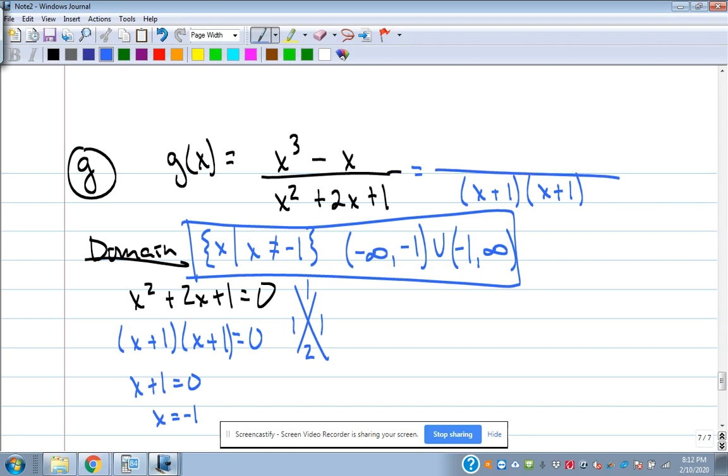Does the numerator factor any? Because it's got more going on in it than the other problems that we did have. So how does that numerator factor? Is there a GCF? It'd be x and x squared minus 1, wouldn't it? But what do we know about x squared minus 1? It's a difference of squares.